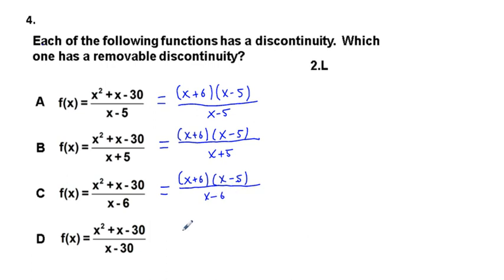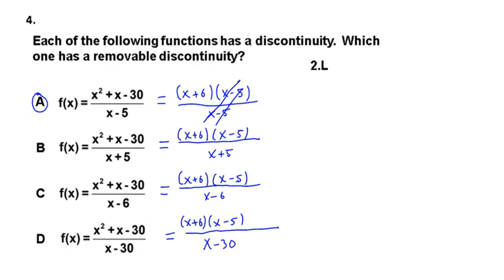And then the last one we're going to get x plus 6, x minus 5, over x minus 30. Each one of these functions will produce a vertical asymptote except for answer choice A, because x minus 5 cancel each other, and this would be evidence of a removable discontinuity.